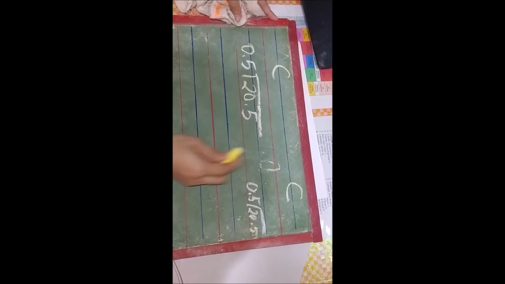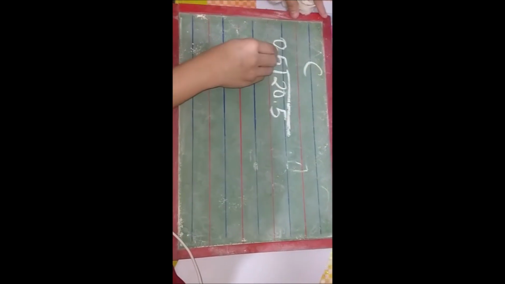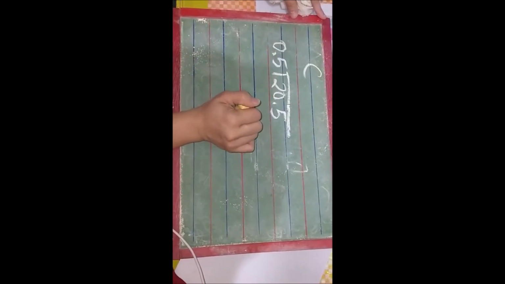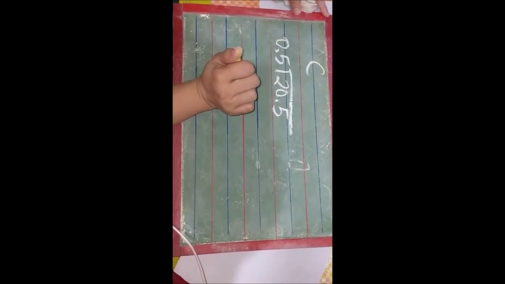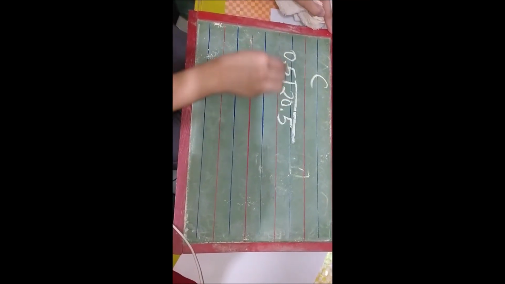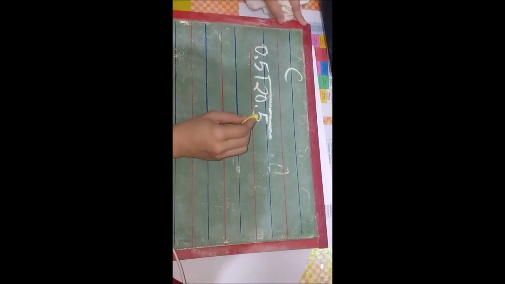As you can see, the divisor and dividend are both decimal numbers. Unlike earlier in letter A, where only the divisor was a decimal number, and in letter B, where only the dividend was a decimal number. This time, both the divisor part and the dividend part are decimal numbers.